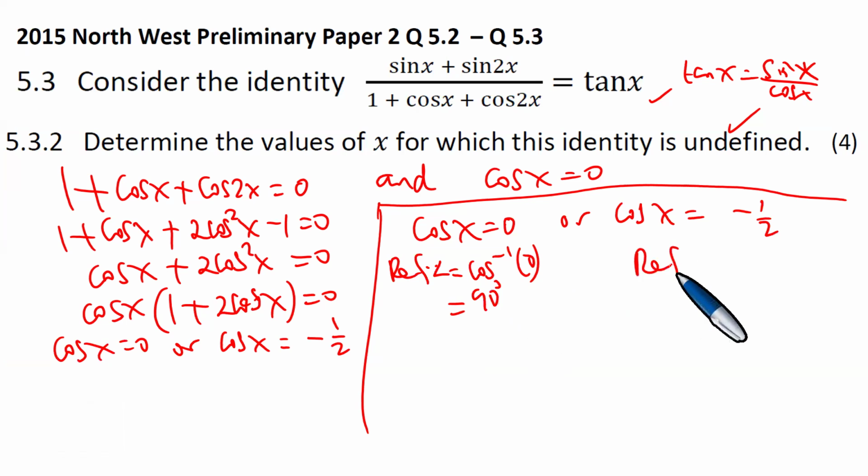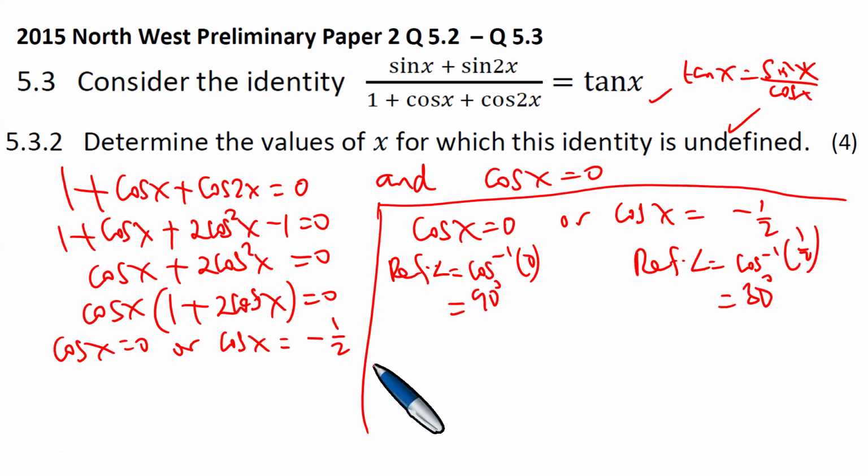For the other one, we have arccosine of 1/2 equals 30 degrees, right? Now, when is the cosine 0? We've already said that in the CAST diagram, the cosine is 0 on the y-axis.